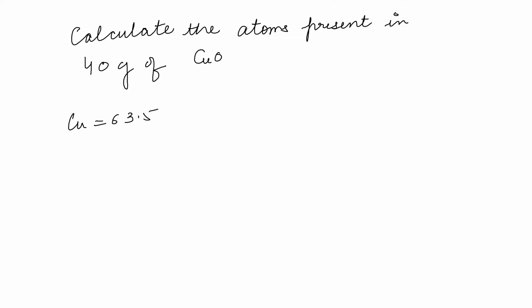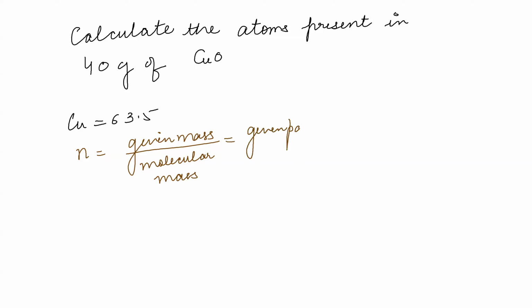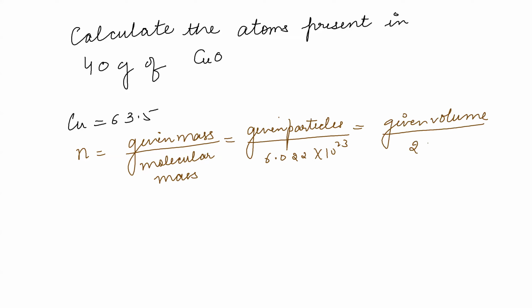So what did you do? You first wrote the formula. N is equal to given mass over molecular mass, which is equal to given particles over 6.022 into 10 to the power 23, which is equal to given volume divided by 22.4 liters.